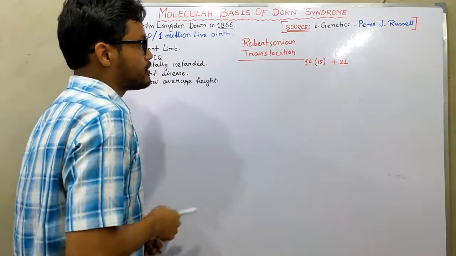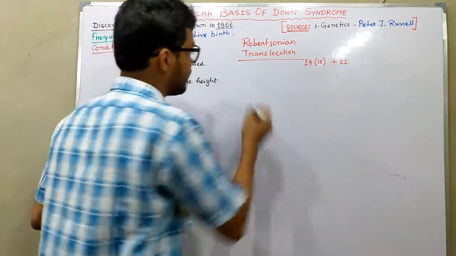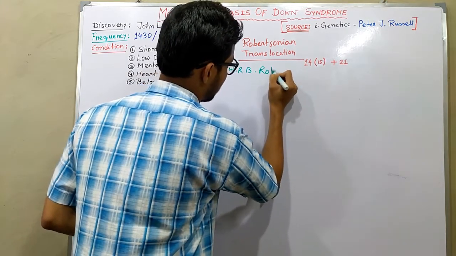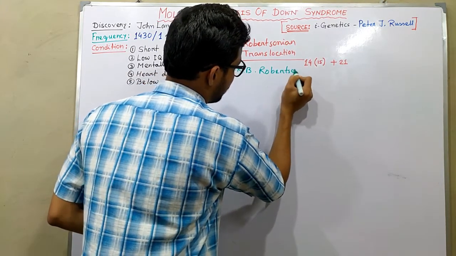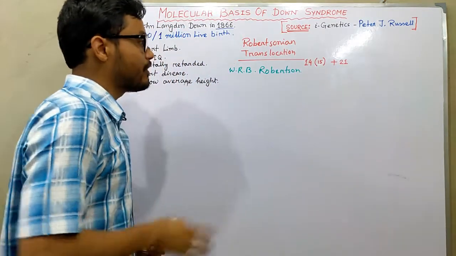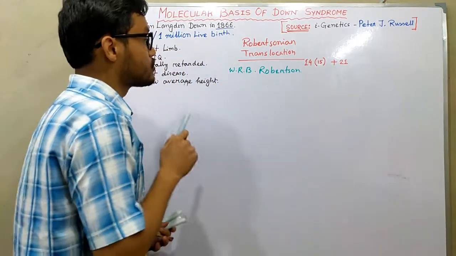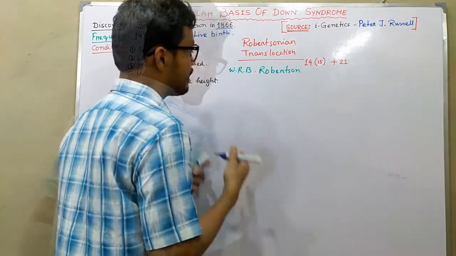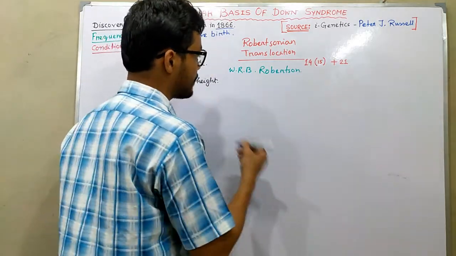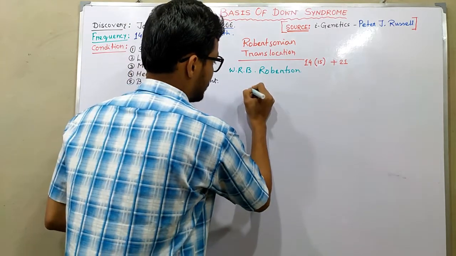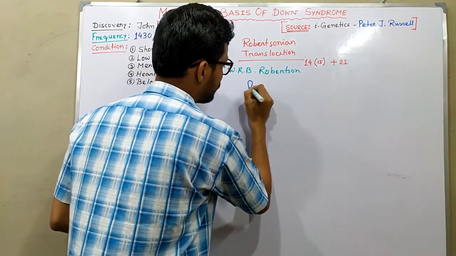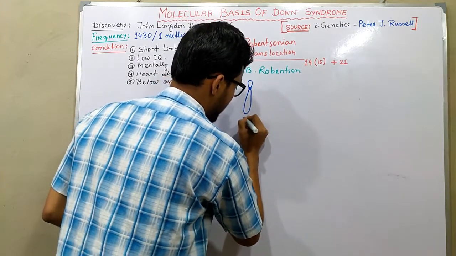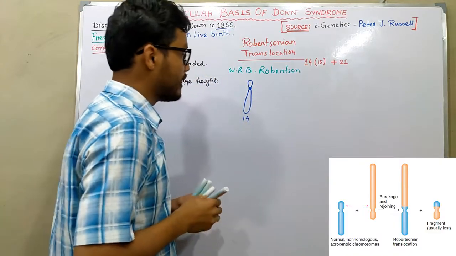This phenomenon is named after W.R.B. Robertson, who discovered this translocation. So what happens in Robertsonian translocation? We particularly observe the exchange of segments between two acrocentric chromosomes, chromosome number 14 and chromosome number 21.